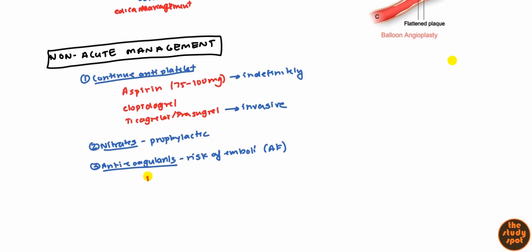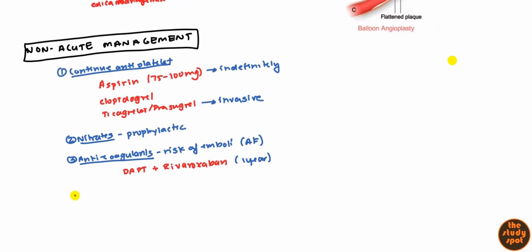Generally what you want to do is dual antiplatelet therapy plus rivaroxaban, which you want to maintain for up to 1 year if there's some risk of emboli. Finally, while the patient is in the hospital, you want to increase ambulation. You want to get them walking around and being as normal and regular as possible. So this is the non-acute management.